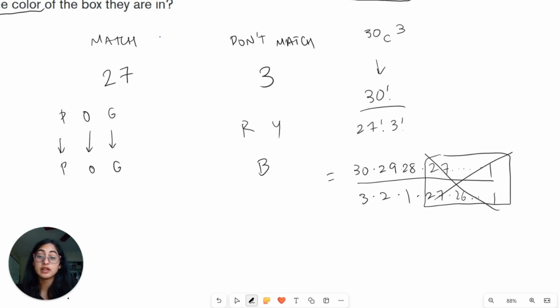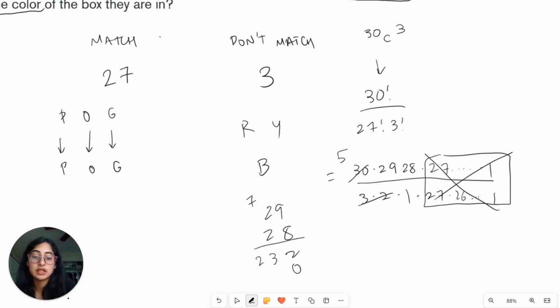So we can divide the numerator and denominator by 6, and we end up with 5 times 29 times 28. Okay, so what's 29 times 28? Let's do that real quick here. Carry the 7, 16, 23. 29 times 2 is 58. And we add these. Oops.